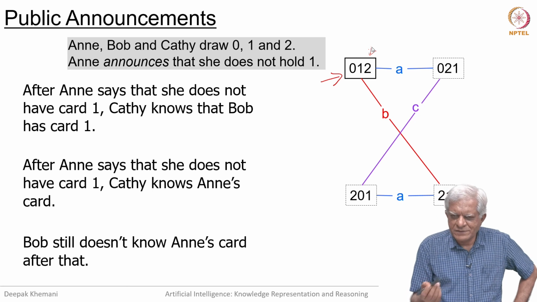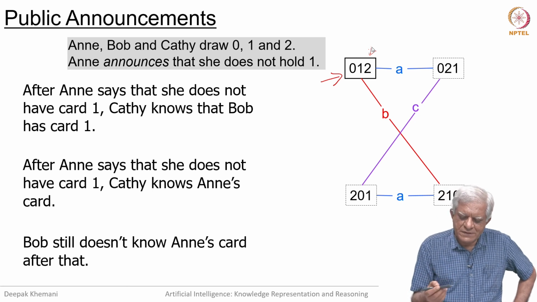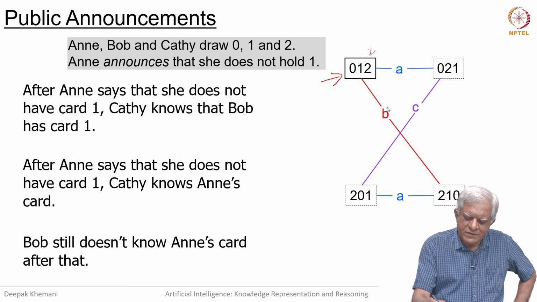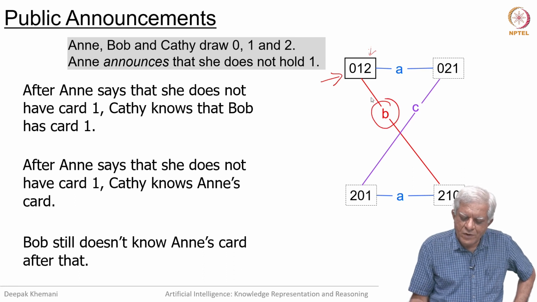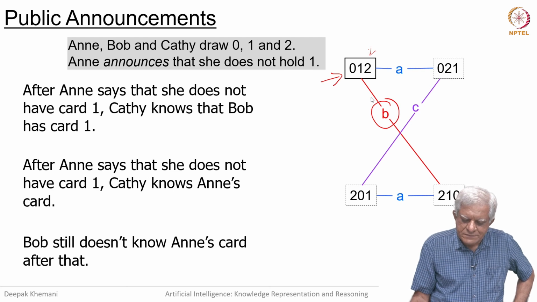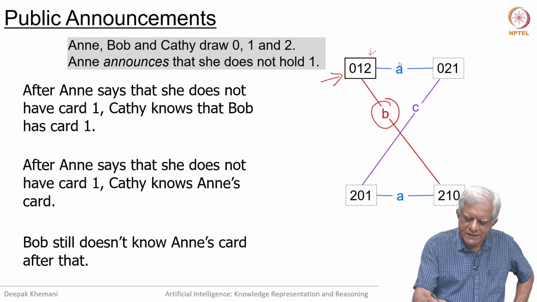So, Bob does not get any new information from the announcement, and this you can see in the fact that Bob cannot distinguish between the world in which Annie is holding 0 or Annie is holding 2, and the other card being with Kathy. Annie can also still not distinguish between the worlds where Bob is holding 1 or Bob is holding 2. That is shown by this arrow for Annie from the real world.